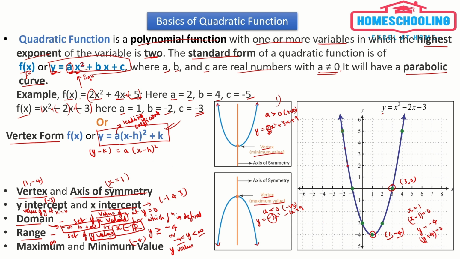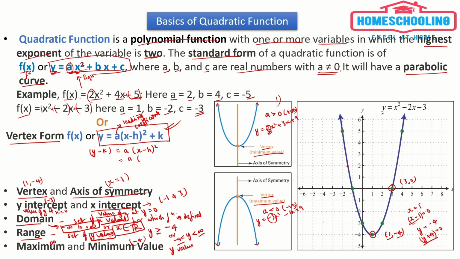So we will replace the k and h values with these two. We'll write a as our leading coefficient, and here we will write (x minus 1) square. Whatever is given in the vertex, we will just take the opposite sign and equate it to 0.